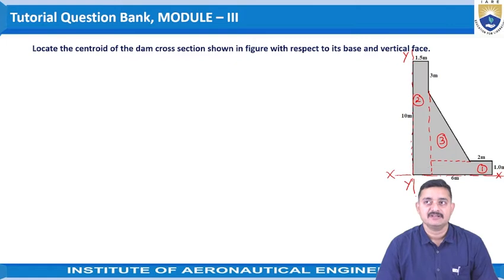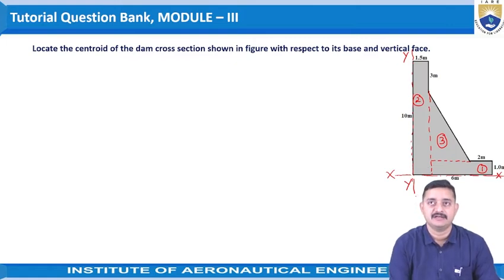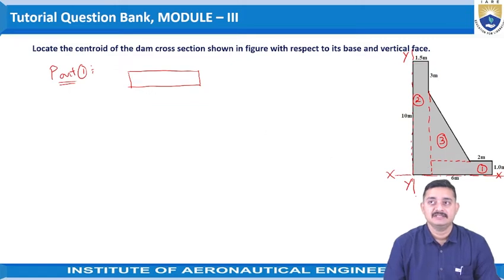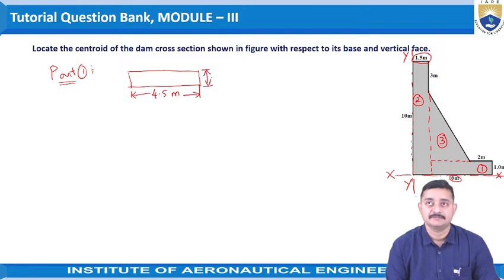Let us take part 1, which is a rectangle. The overall length is 6 meters, so this 1.5 meters will be deducted from the 6 meters, and we get a length of 4.5 meters. The height is given as 1 meter.